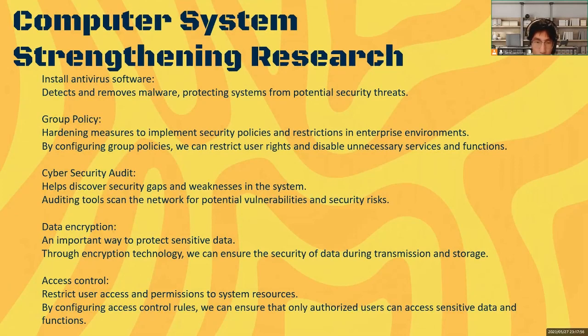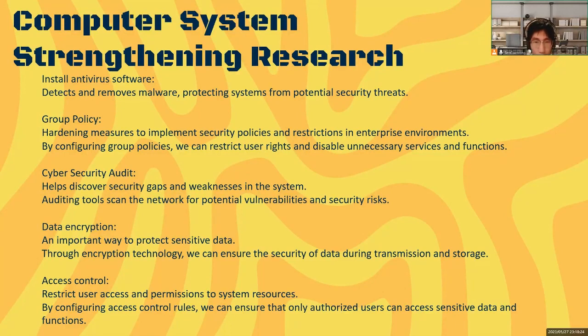The software detects and removes malware, protecting the system from potential security threats. And group policy is a hardening measure for enforcing security policies and restrictions in an enterprise environment. By configuring group policies, we can limit user rights and disable unnecessary services and functions, thereby improving system security.